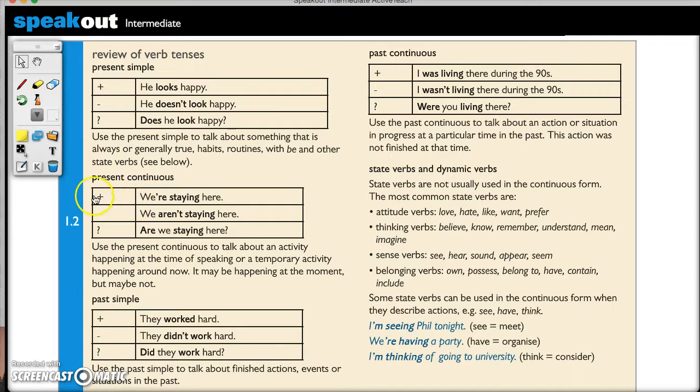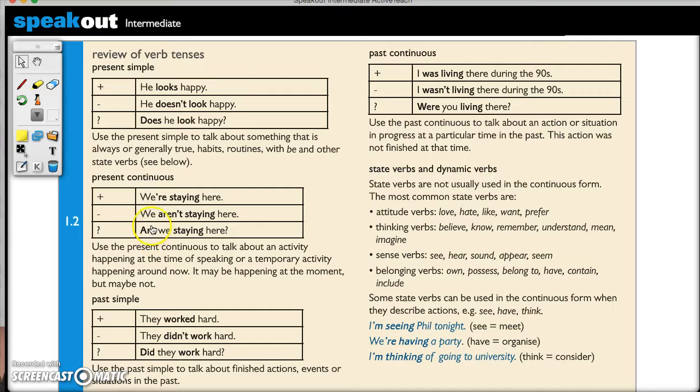The present continuous, again, an example of a positive, a negative, and a question. Remember that you use it with the verb to be, so you can use contractions here. This is we are staying, but it's contracted into the form we're staying here. Or in this case, we are not is contracted into aren't staying here, okay?